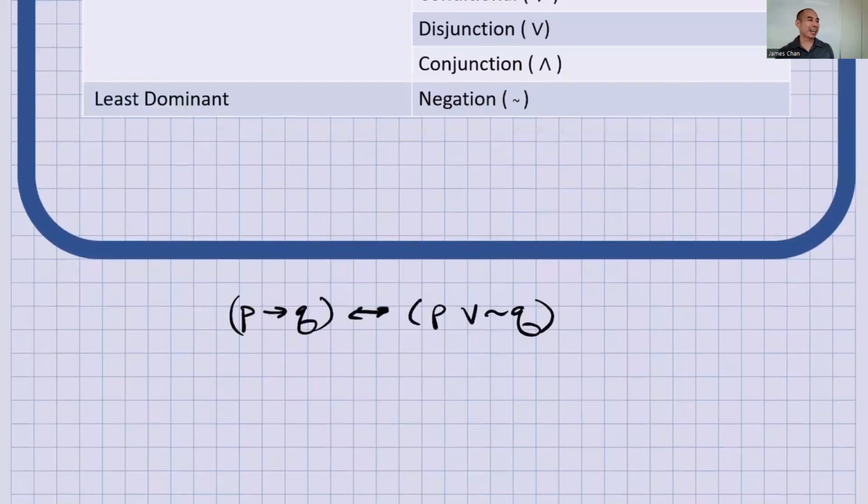They're going to ask you what kind of statement this is. And what you would do is look at these operators and ask yourself, which one is the most dominant? In this case, the biconditional is the most dominant. So this would be a biconditional statement.